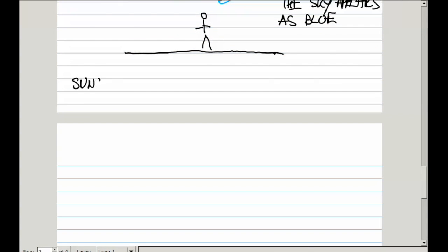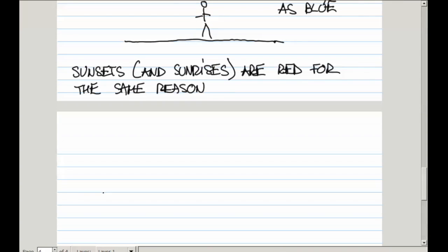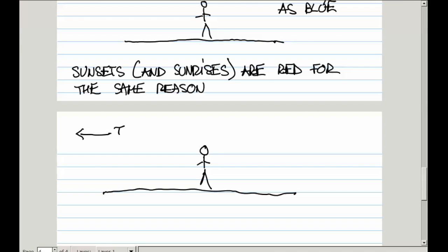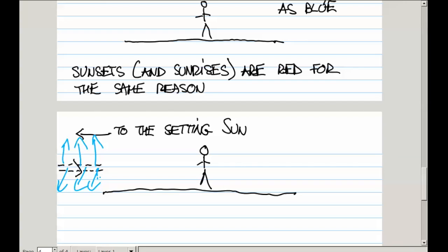For the same reason, sunsets and sunrises are often red. Here is again our observer on the surface of the Earth, and this is the direction to the setting sun. What happens is that in the sunlight coming from the setting sun, the blue light is all scattered out by the time it reaches our eye.